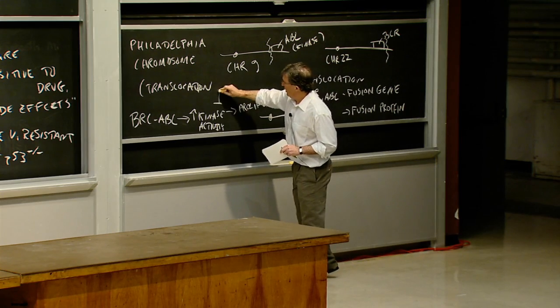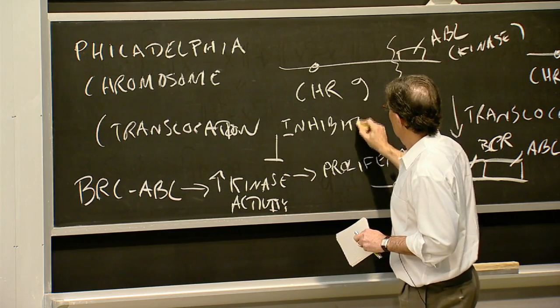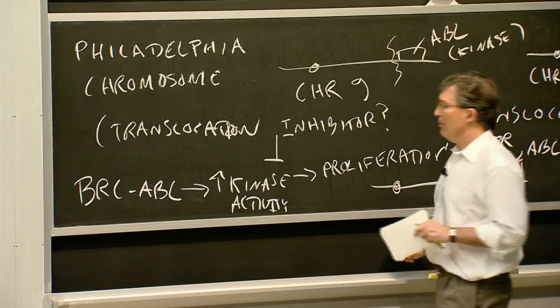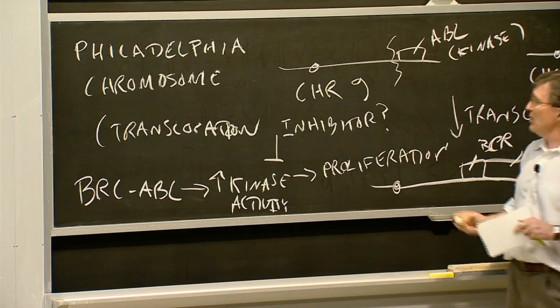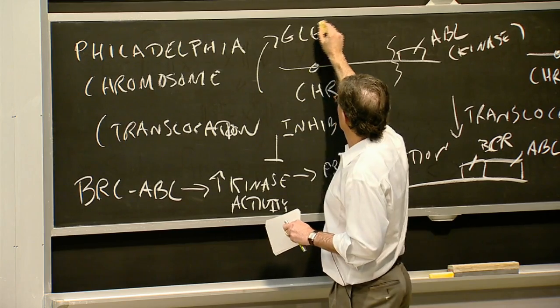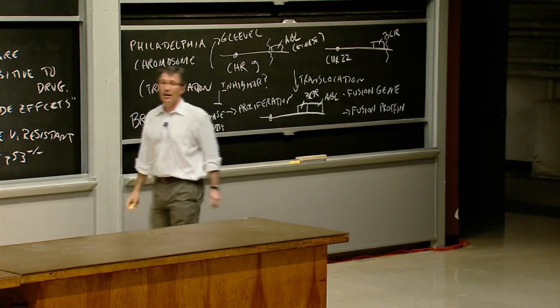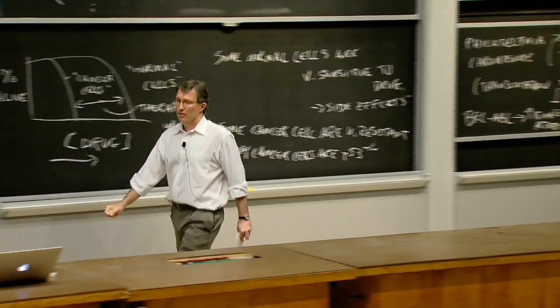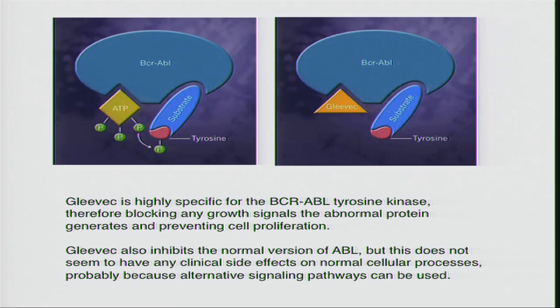And so the question was, could one develop an inhibitor? An inhibitor that blocked the kinase. And this resulted in the development of a drug called Gleevec. Gleevec, which is highly, highly effective. This is the idea. Here's the bcr-abl fusion protein.